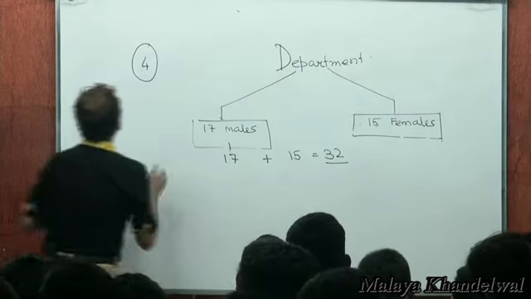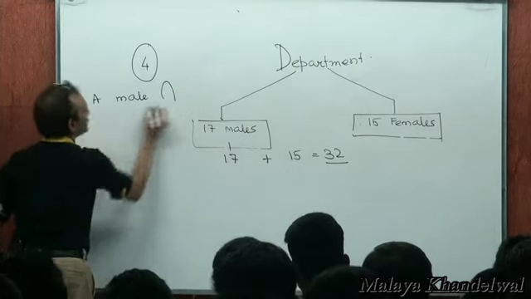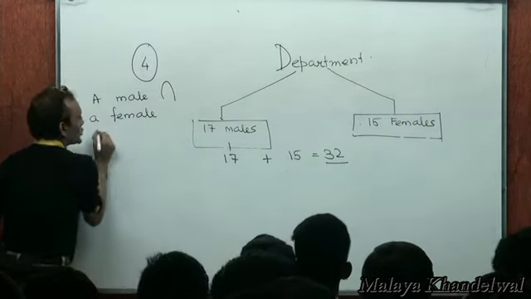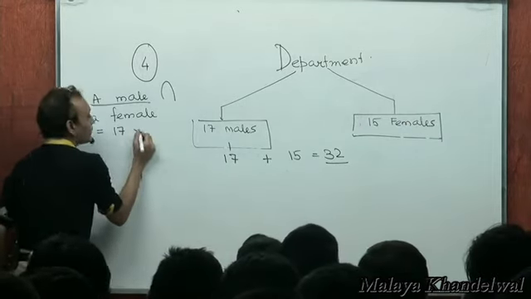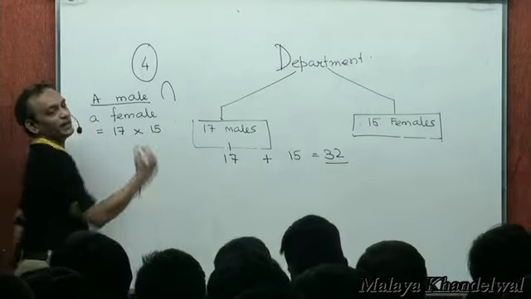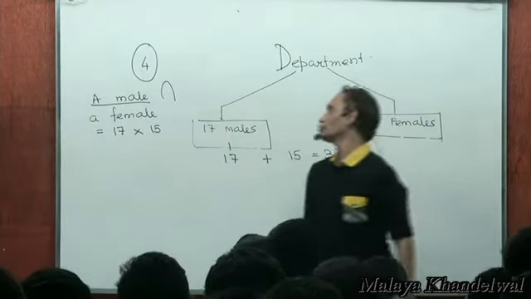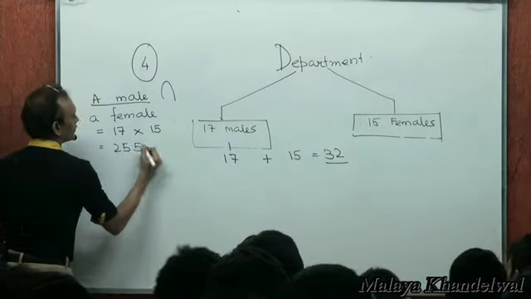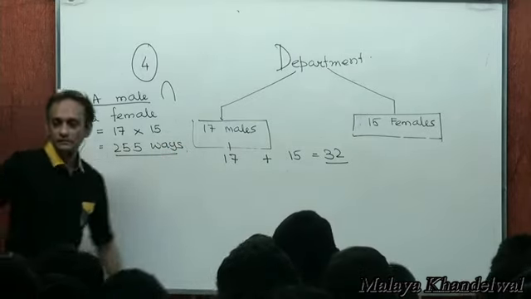A male could be selected in 17 ways, a female could be selected in 15 ways. So 17 into 15 ways. Okay, 255. 255 ways. Right?